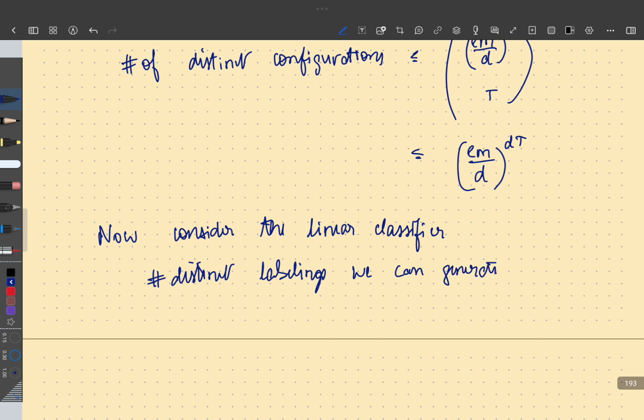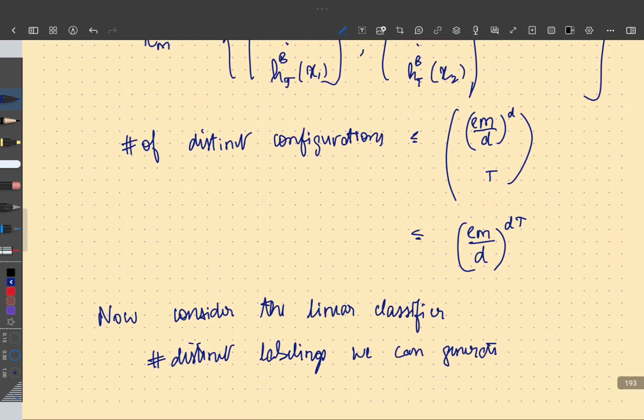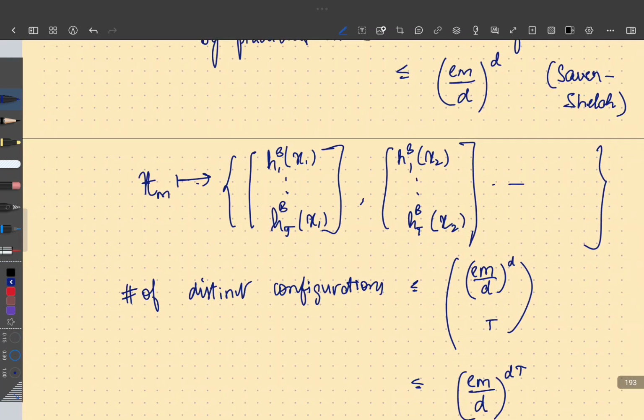It's some point x1 through xm, x1 with h1, h2, h3 up to ht. That's the first part of the composition. And then I'm going to take a linear combination of these and apply sign.